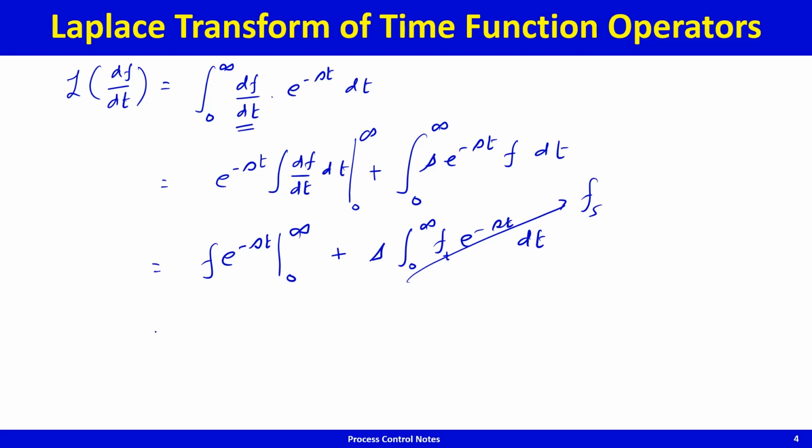And here, when t goes to infinity, e to the power minus st goes to zero faster than everything else, so as long as f infinity is finite, there is no problem, so this goes to 0. At t equal to 0, this goes to 1, that's f0. So this will be s times F of s minus f0.